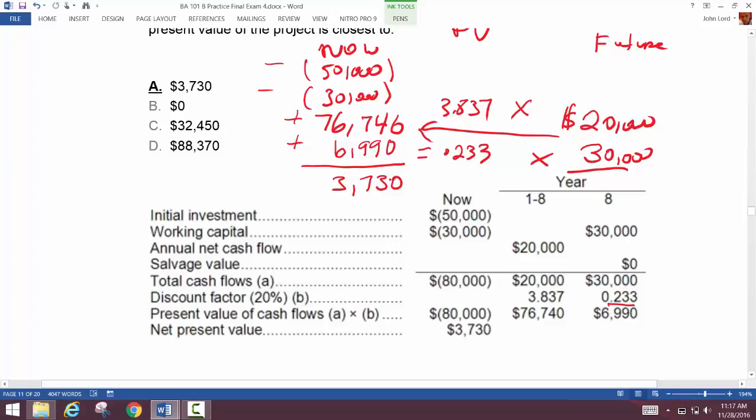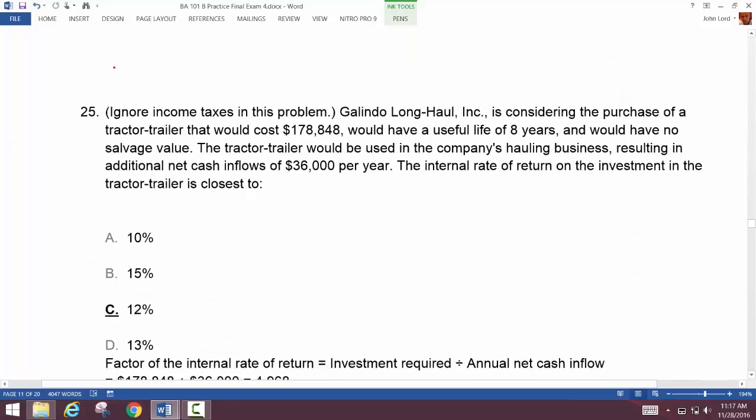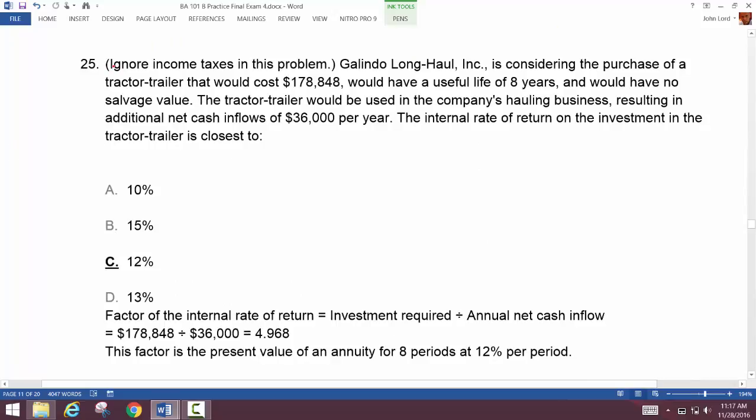Right? Okay. That's fine. Close enough. I'm not going to get into rounding discussions. Okay, good. Let's take a look at this Galindo.